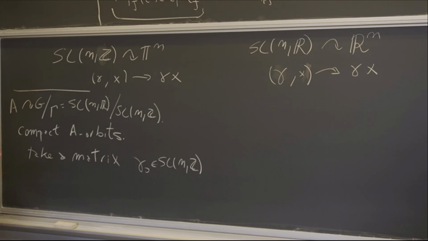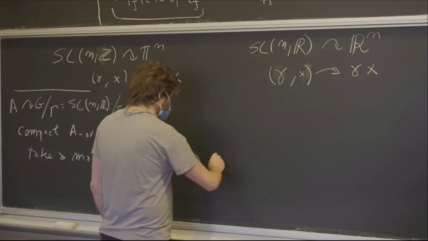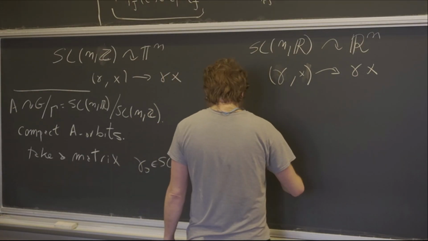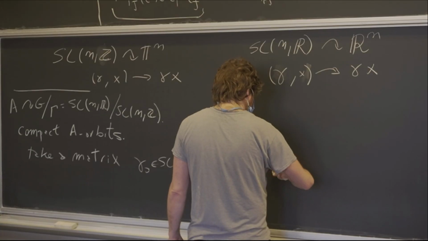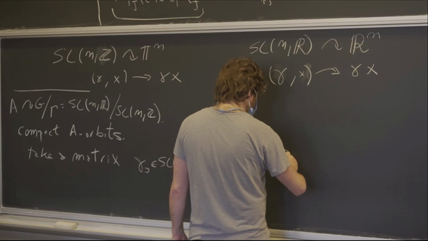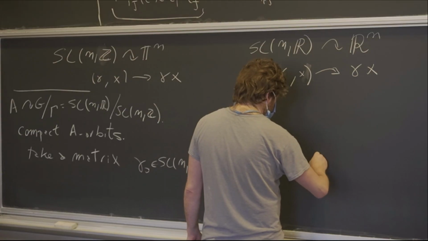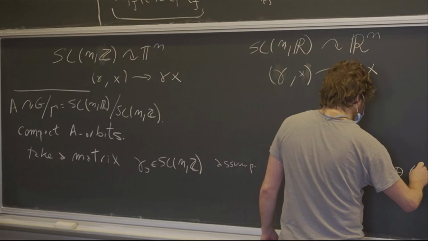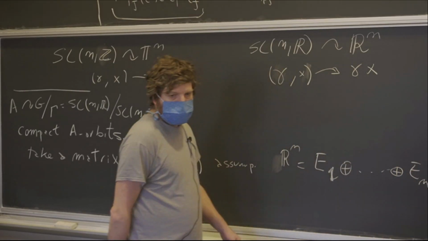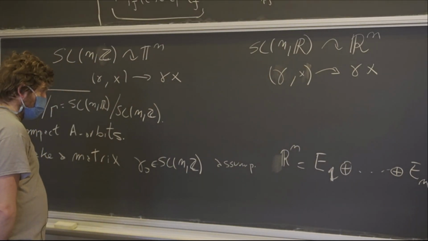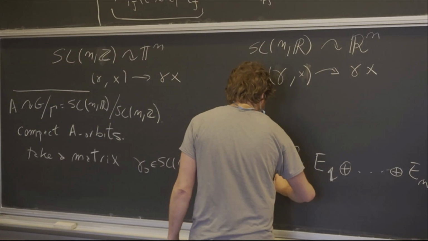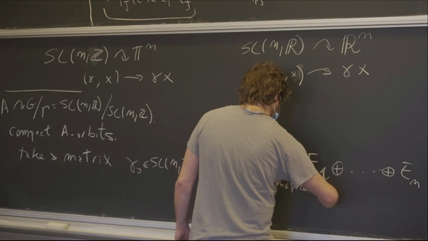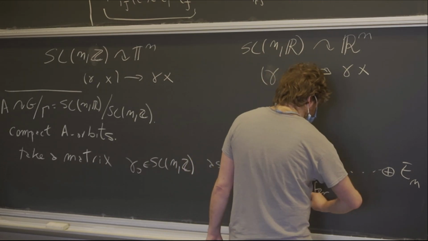Now I will make one assumption: that R^n splits as E_1 plus through E_n, some eigenspaces for gamma naught.